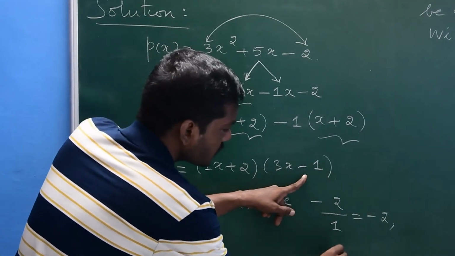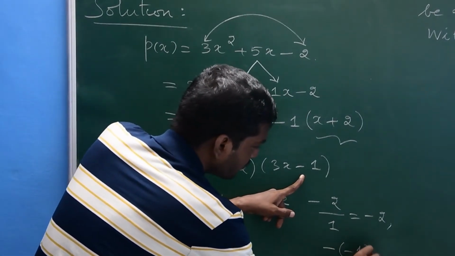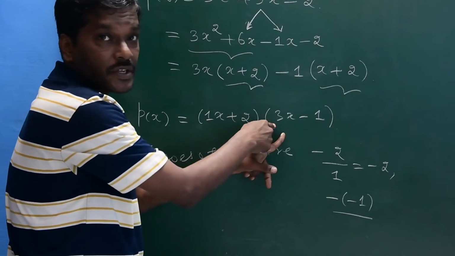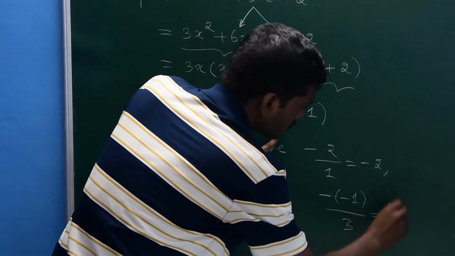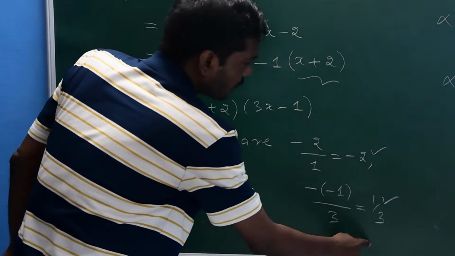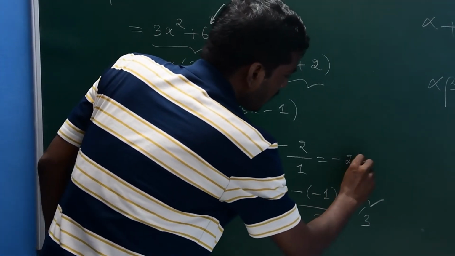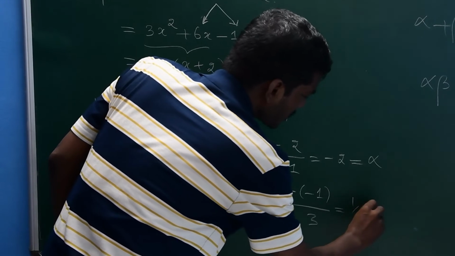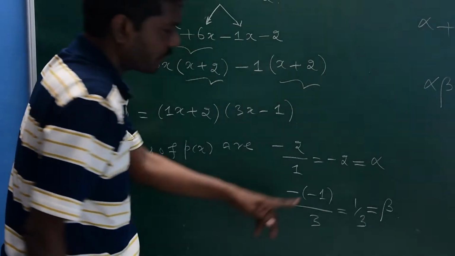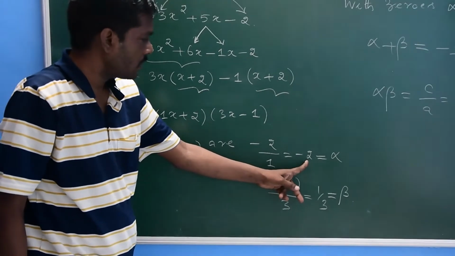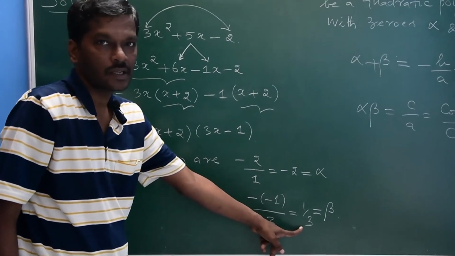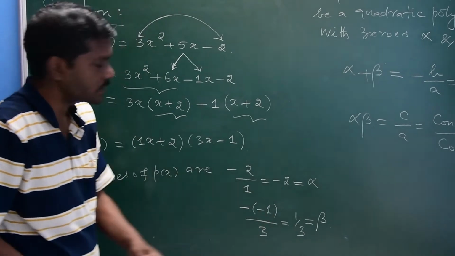The other zero is minus constant term by coefficient of x, which is 3, so this is 1 by 3. These are the two zeros of this polynomial. Let us call this alpha and this beta. Alpha is minus 2, beta is 1/3.